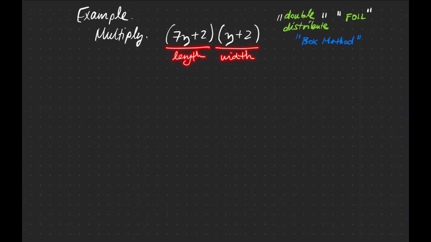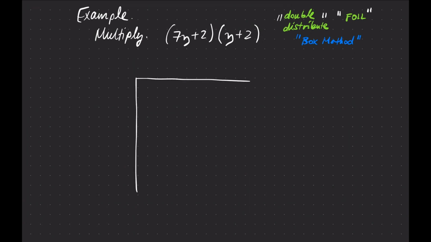So if you look at it, it kind of looks like there's a length here times some width, right? So it kind of looks like area. So what you might do, and this is what box method kind of plays on, is it's like calculating area.